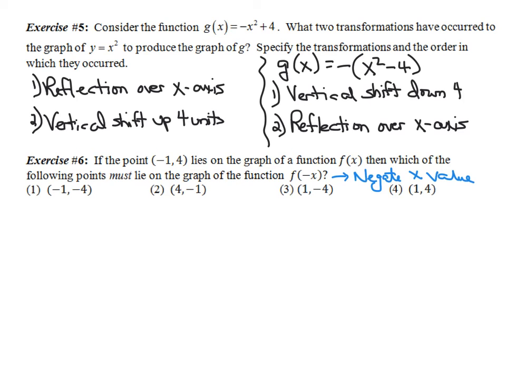So if I negate the x value, that tells me that my point negative 1, 4, which lies on the function f of x, would get transformed by the transformation f of negative x into the point 1, 4. So this is a way of showing it as a mapping. So I'm going to choose option number 4.